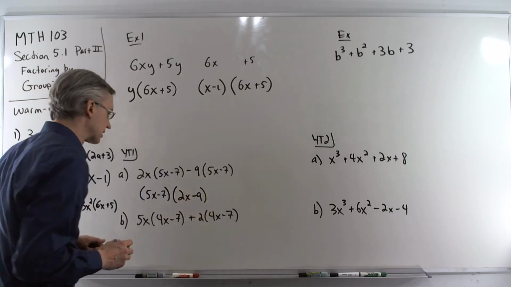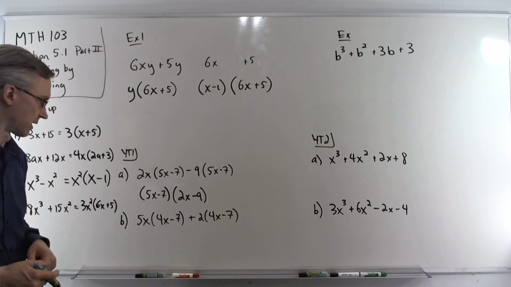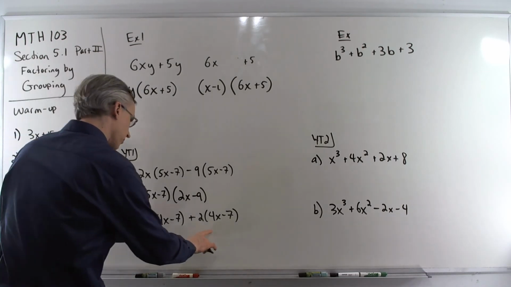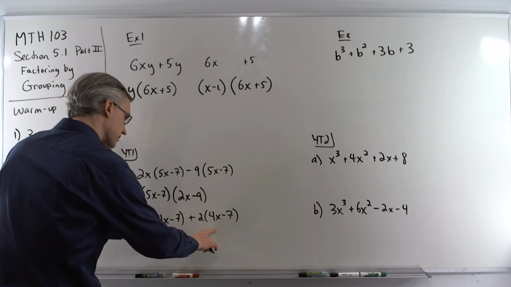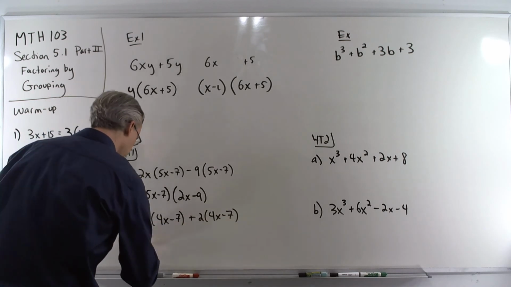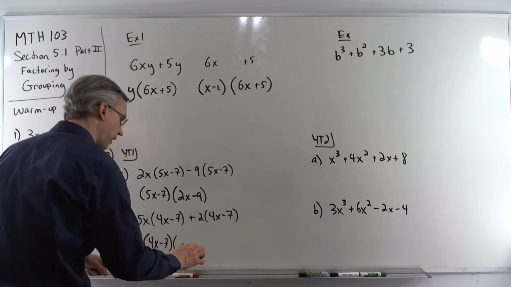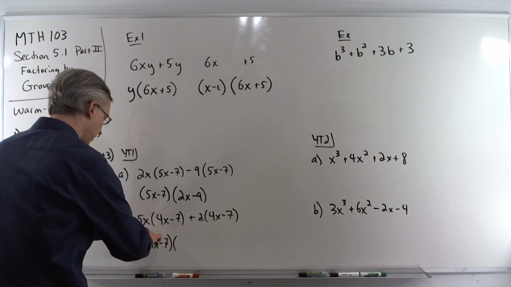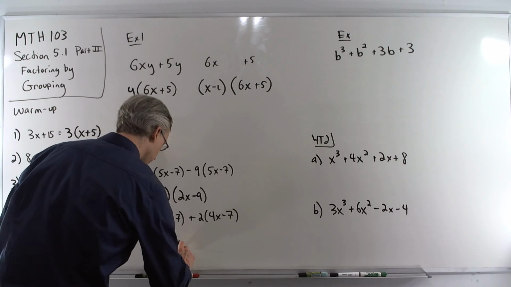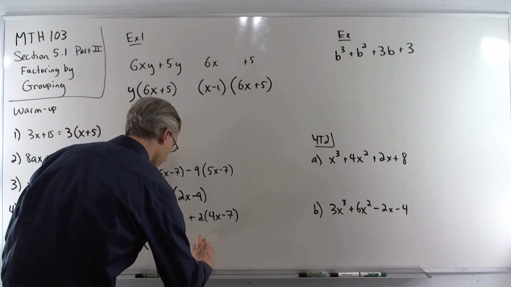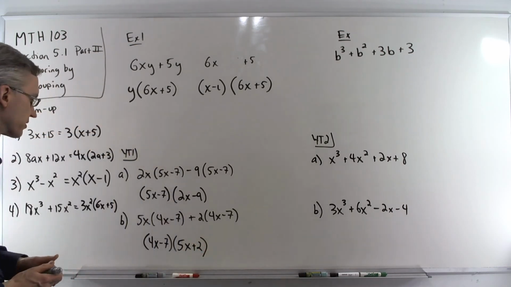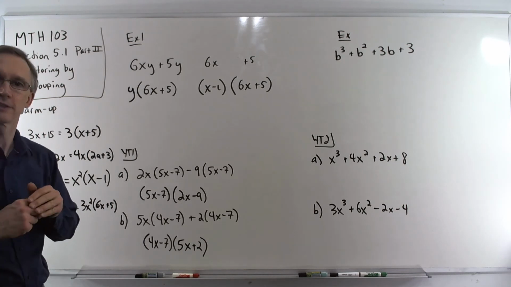So we get 5x minus 7 times 2x minus 9. And the second one, the matching part is 4x minus 7, so we're going to factor that out. And what remains after we remove that is 5x plus 2. So the factored form is 4x minus 7 times 5x plus 2.